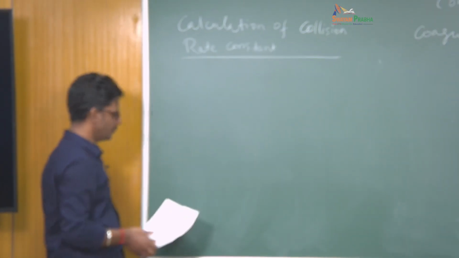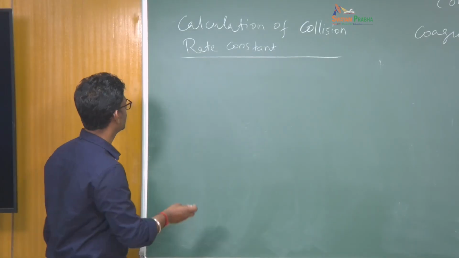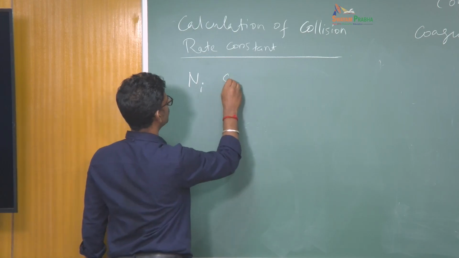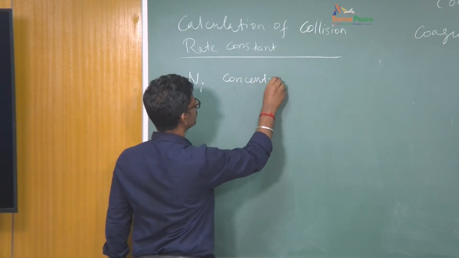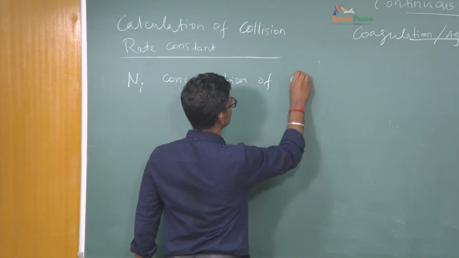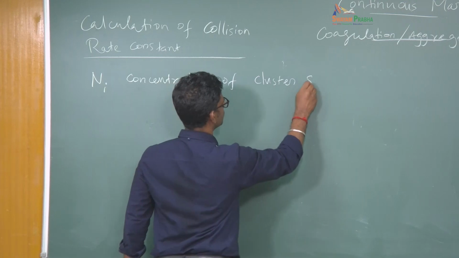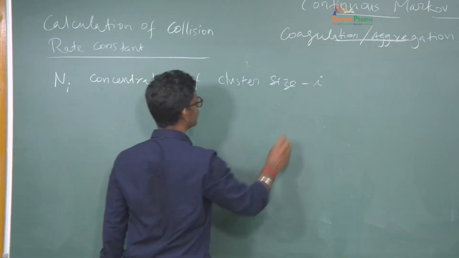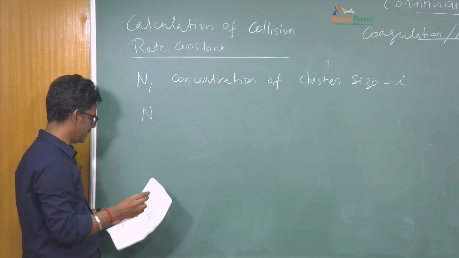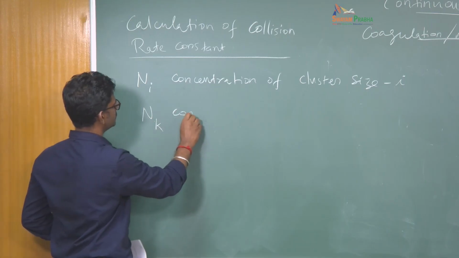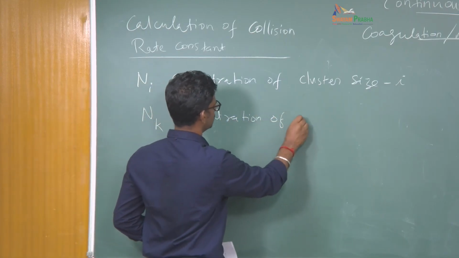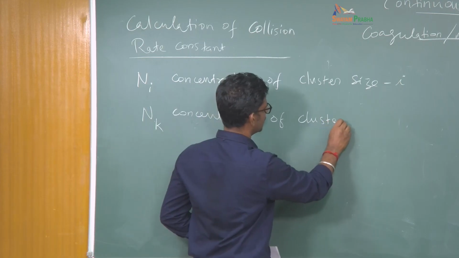So, now this can be generalized. Suppose you have Ni as the concentration of clusters of size i and Nk as the concentration of clusters of size k.